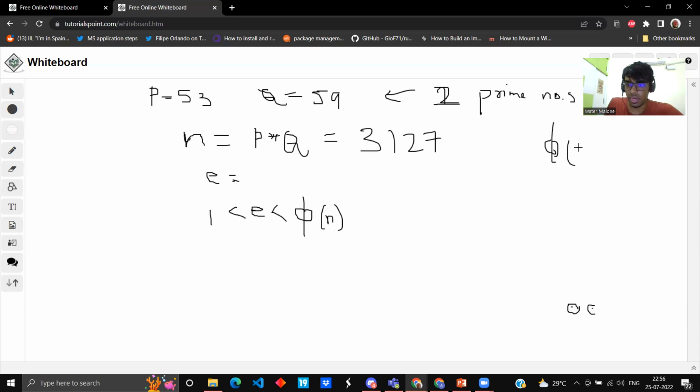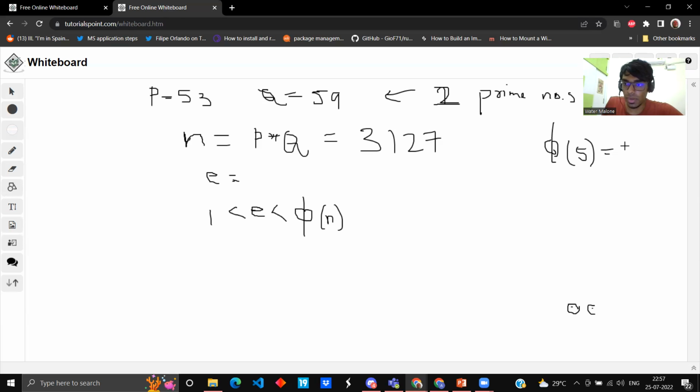Let's say phi of n is 5 here. If you take 1 and 5, what is the GCD? It is 1. If you take the GCD of 2 and 5, it's 1.